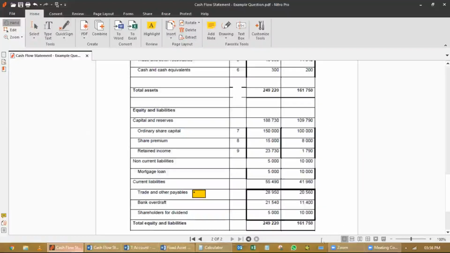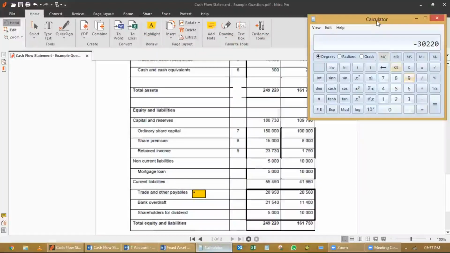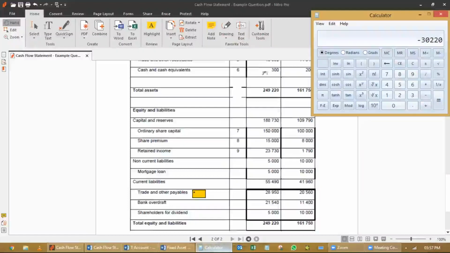So what will my balance at the beginning of the year be? I have an overdraft and cash equivalents. Those are both part of those cash and cash equivalent changes. Don't forget the bank overdraft.